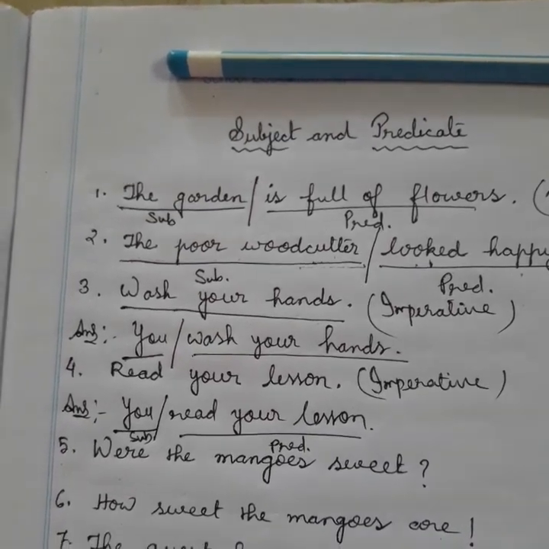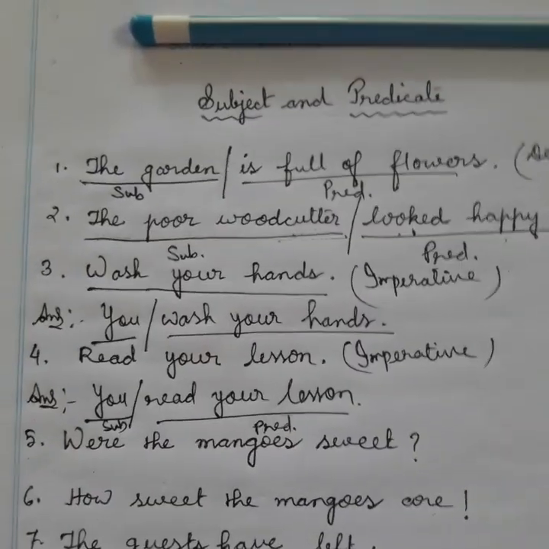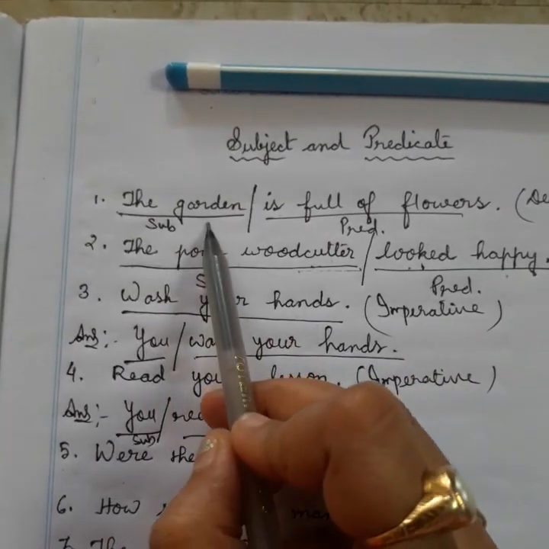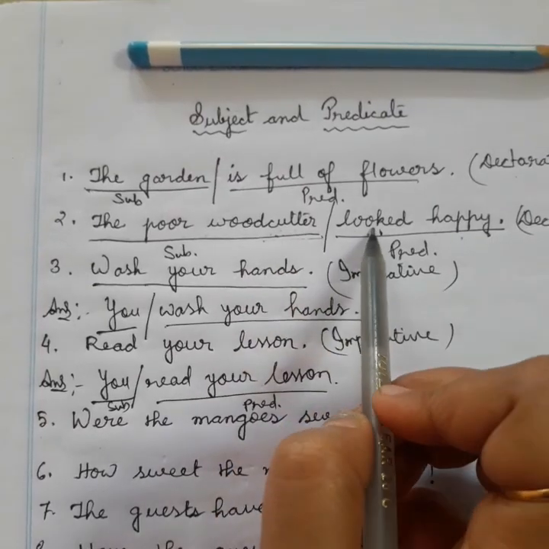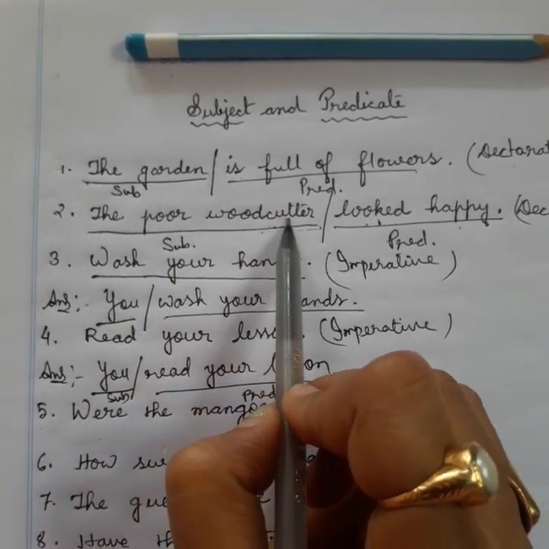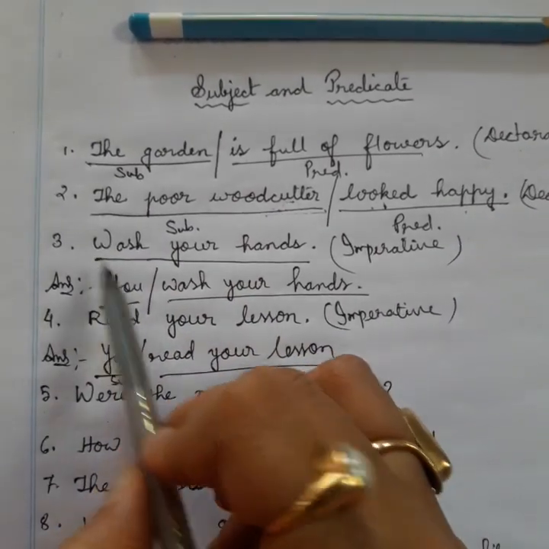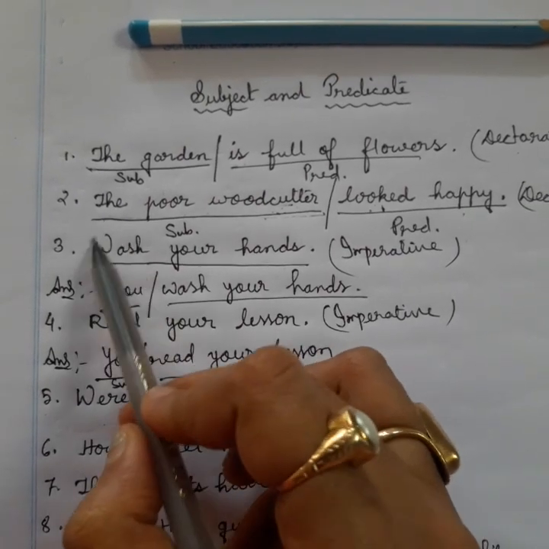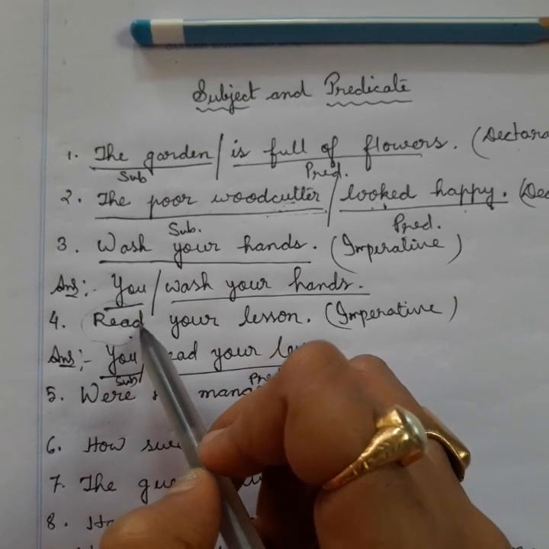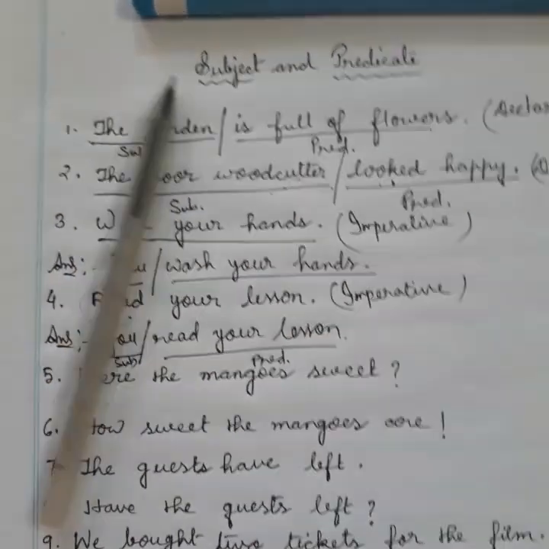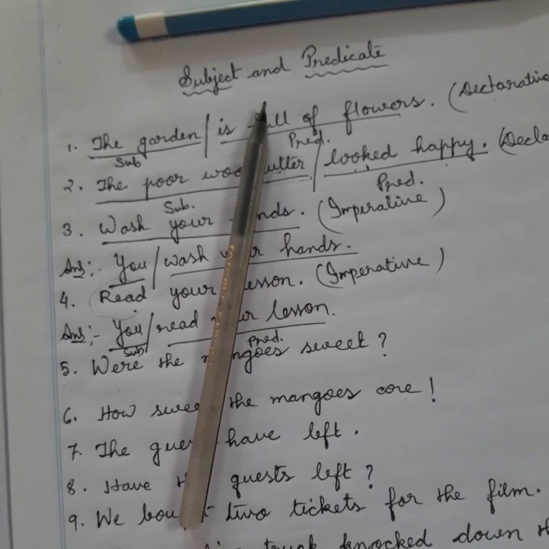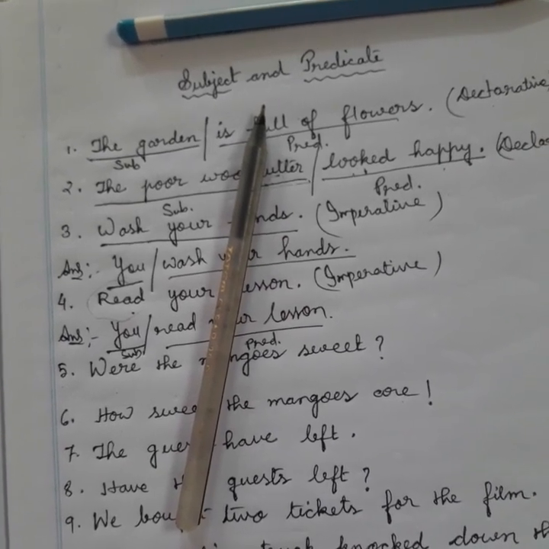In most sentences, the subject usually comes before the verb. In number 1 and 2, you can see the subject has come before the verb. Here the garden is the subject. Again, here looked is the verb and before the verb the subject is the poor woodcutter. But in number 3, wash itself is a verb. In number 4, read itself is a verb. So, in some sentences, the subject does not come before the verb.